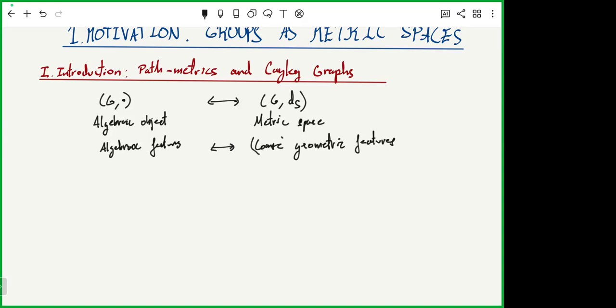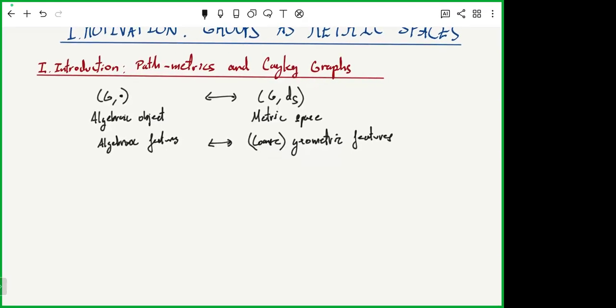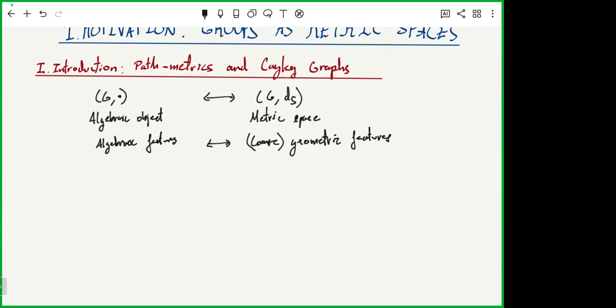Here coarse means that the only geometry we're going to see about G is by looking at the space from infinitely far away. Please feel free to interrupt me if you cannot see something, you cannot hear me well, or if you want me to repeat something.